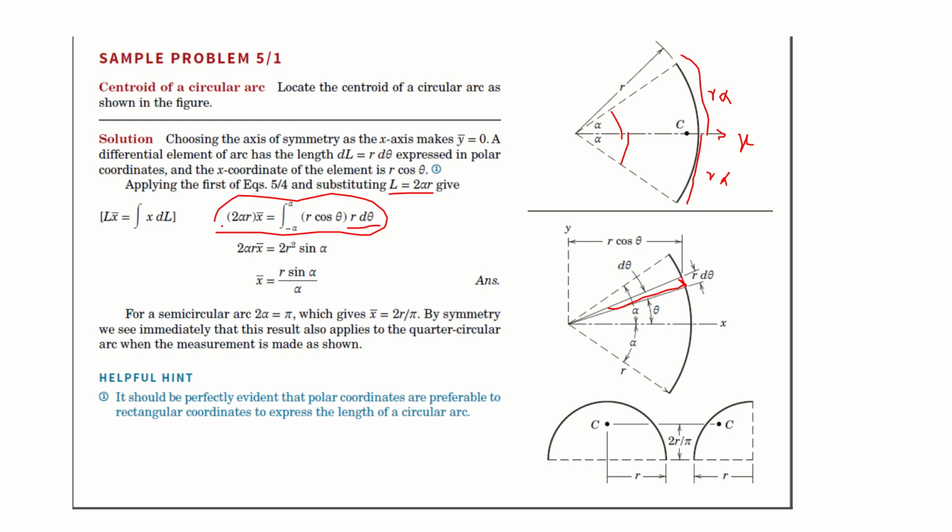And all you have to do is solve this integral and divide it by 2 alpha r. You're going to find the position of x prime.